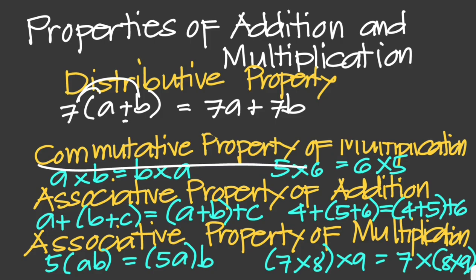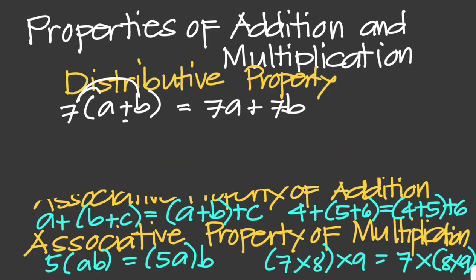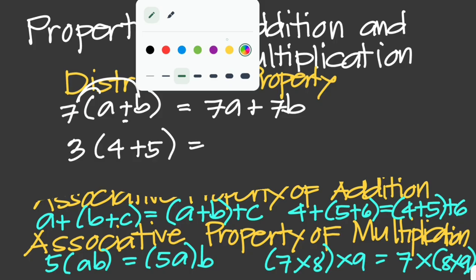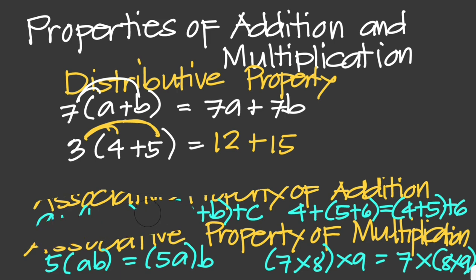Let's say we're given 3 times 4 plus 5. So we just distribute 3 to 4 and 5. So 3 times 4 is 12 plus 3 times 5 is 15. Okay.